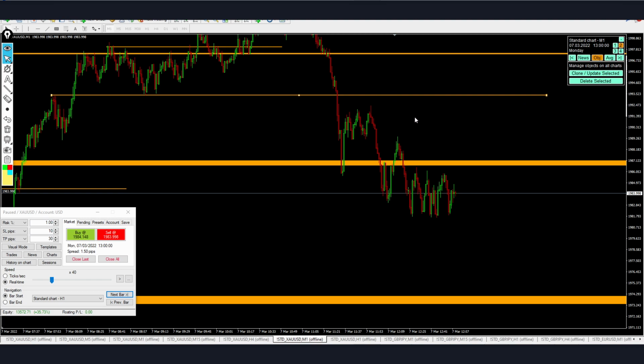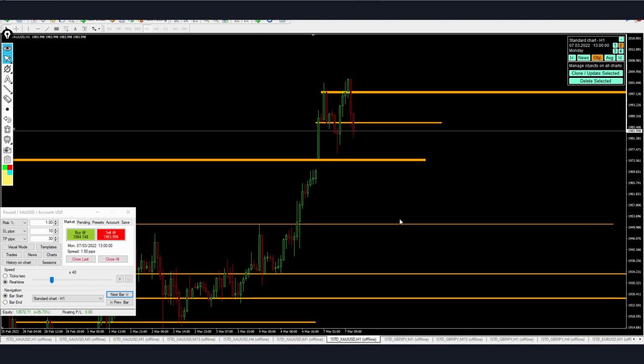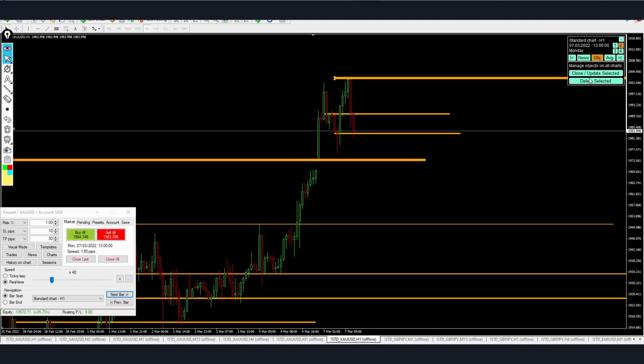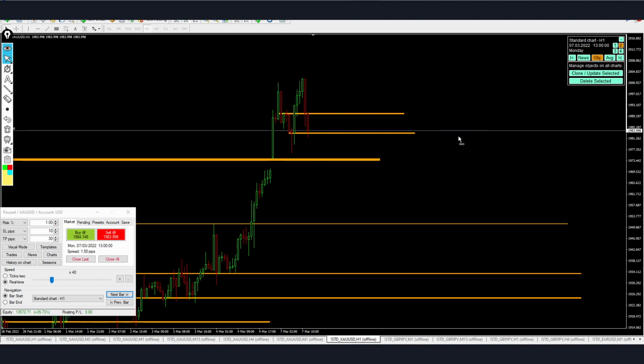No entry over there, I would say, but let's have a look at an updated hourly time frame. We have this one, which is very good, and I would say this one is also a possible reaction area. What about this one? I don't know if I still want to use it.